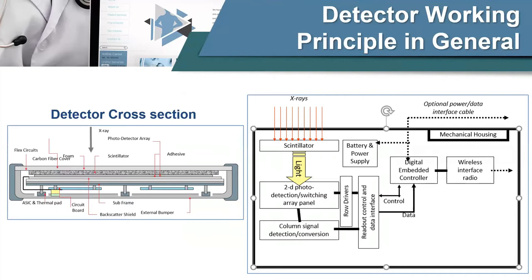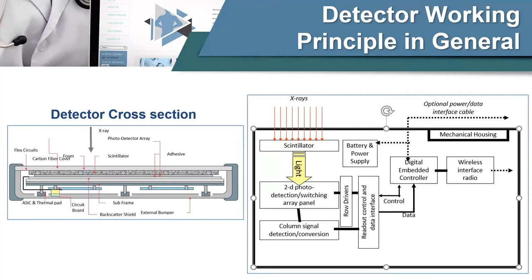These are the principles. You can see a cross section of the detector as well as the methodology. You can see that there is a scintillator here, and there is a photodetector array. The scintillator converts X-rays into light rays, and then the photodetector array, with either cesium iodide or gadolinium oxysulfide, converts them into an image.